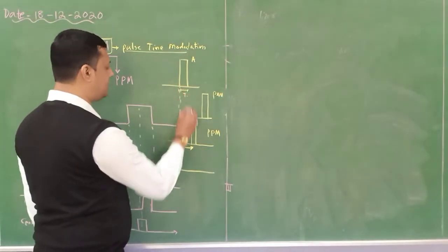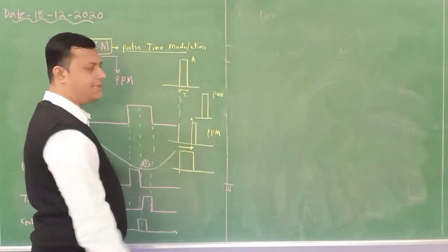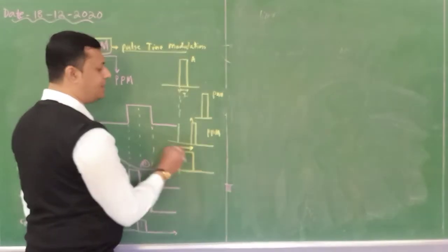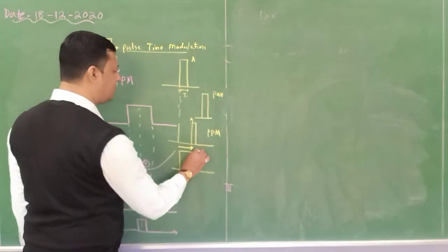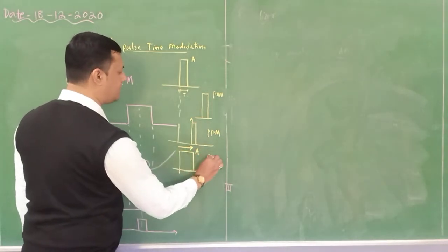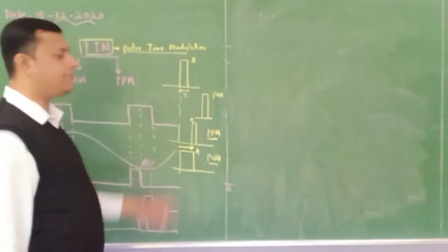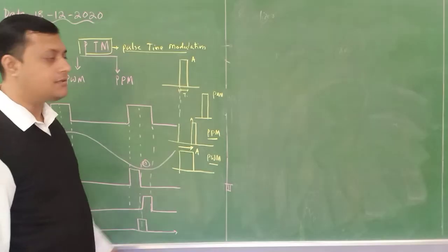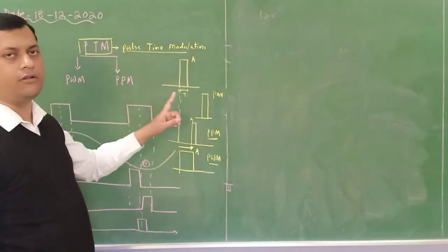Suppose this is the pulse width. After modulation, the pulse width changes like this; if the time period increases, frequency reduction takes place, and the amplitude remains constant. This is called our PWM signal, a time signal. So now we are going to discuss pulse time modulation.